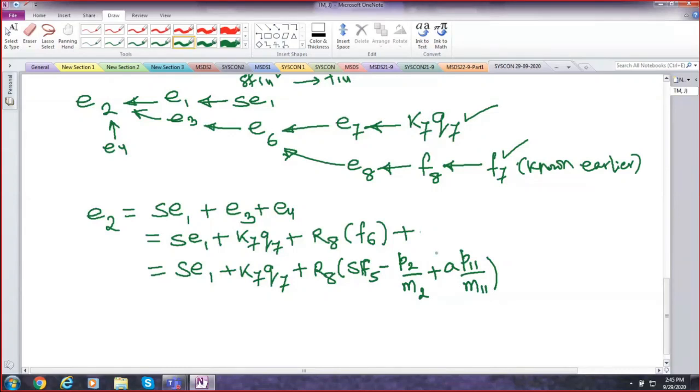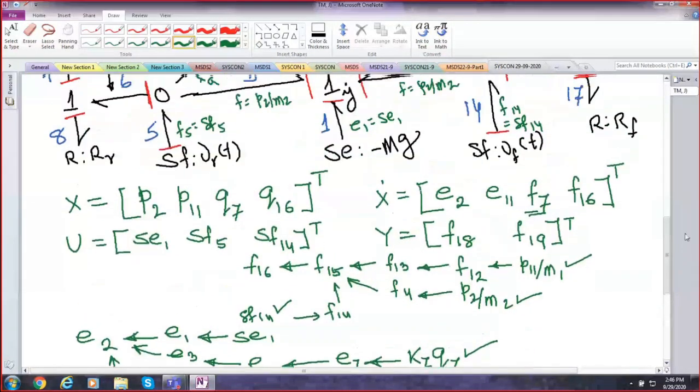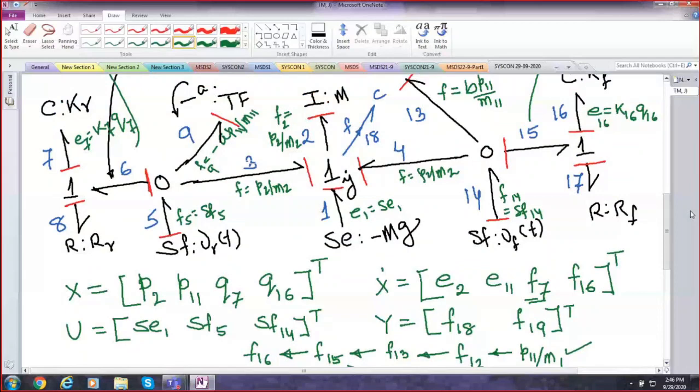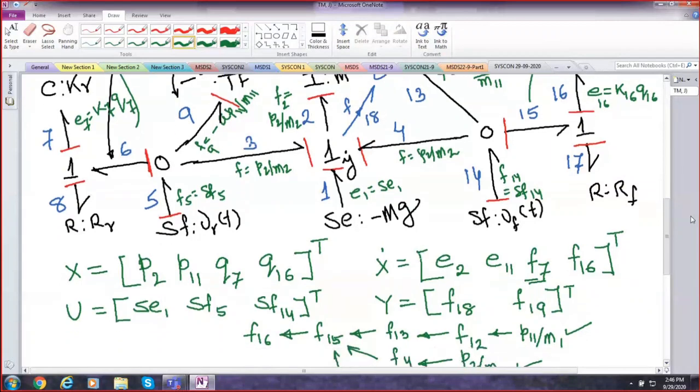And here was another term, that is K16 Q16 and this R17 times F17.